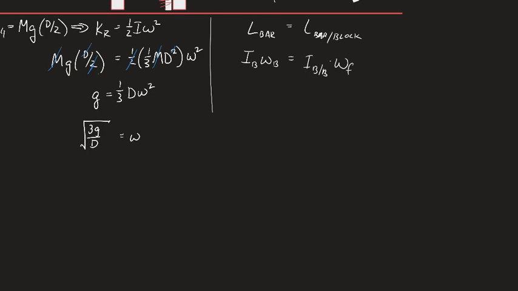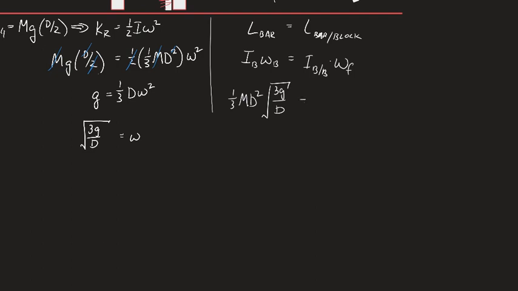This is just like what we did before when we had a situation with linear momentum. I still have 1/3 capital M d squared as my moment of inertia for the bar. But I also now have this square root of 3g over d. And nothing pretty about that, so I'm not going to worry about fixing it now.